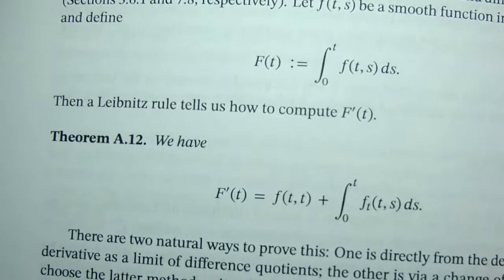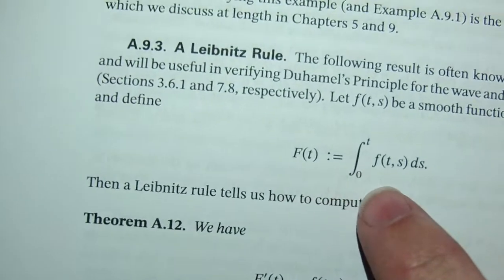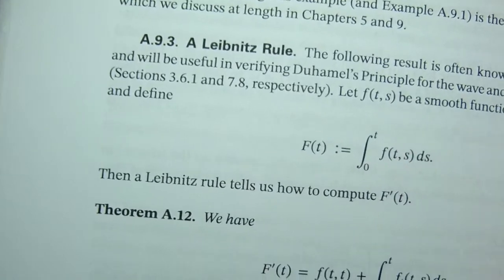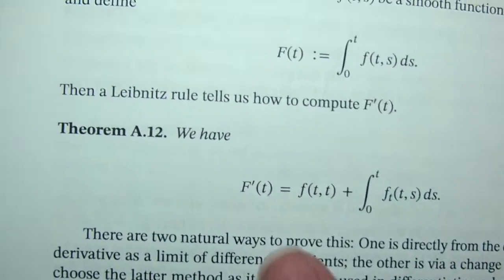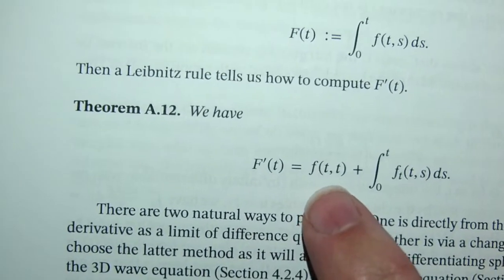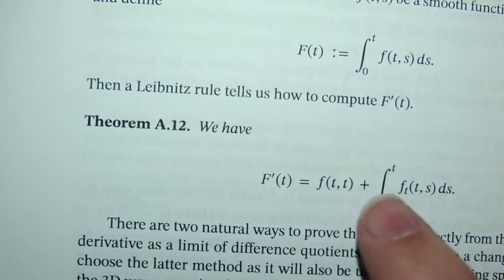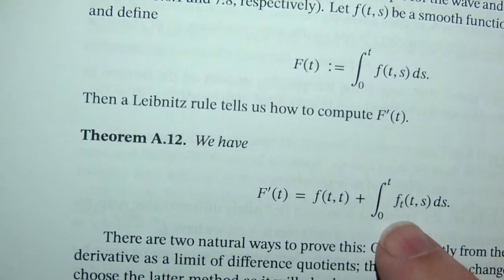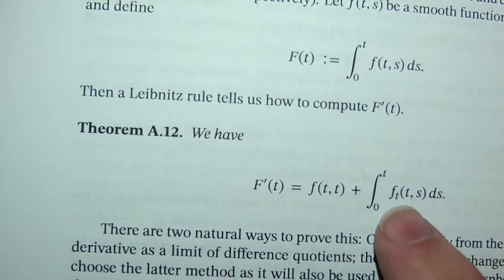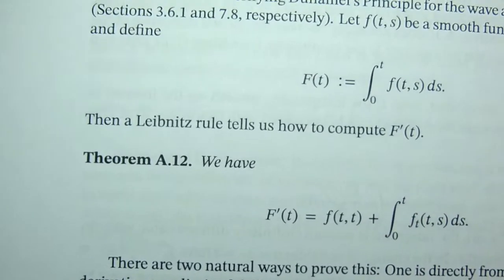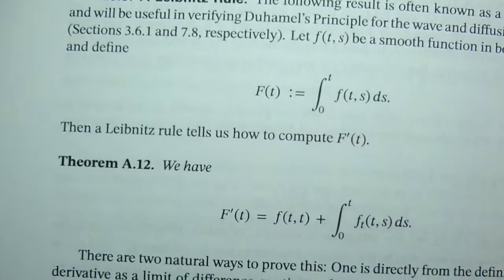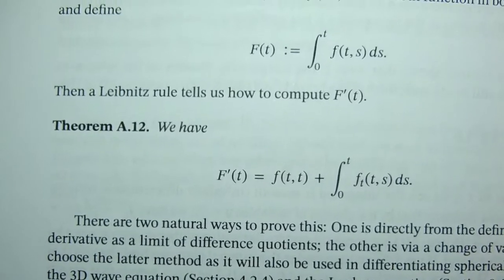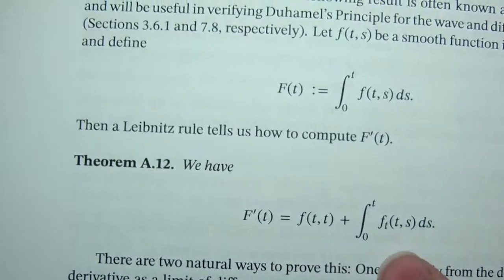If you have a big F of t defined in this manner, where little f is a smooth function in both the variables, then big F prime is f(t,t) plus the integral from 0 to t of f sub t (t,s) ds. So this is how differentiation with respect to t of a thing like this works. Okay, so have a look at that.